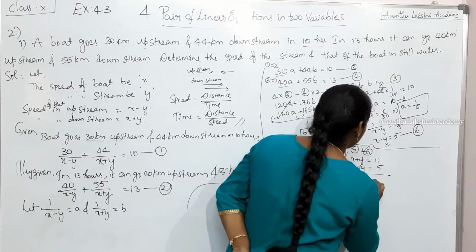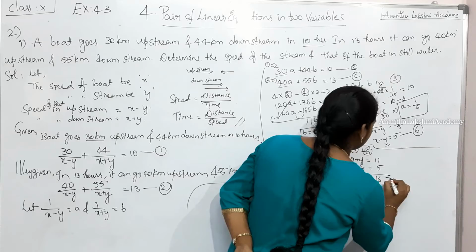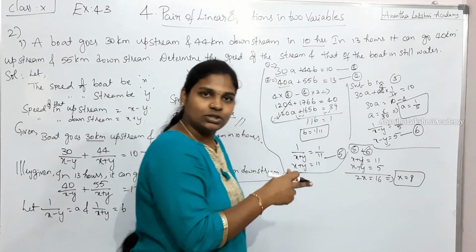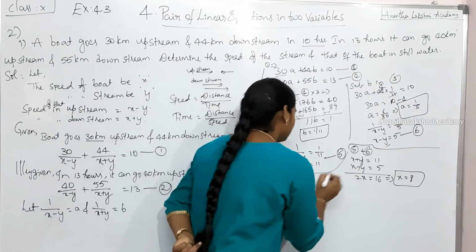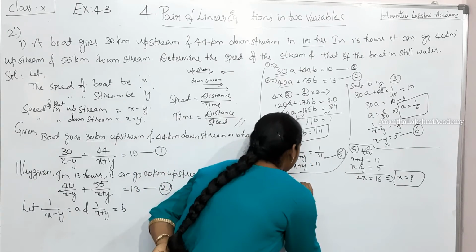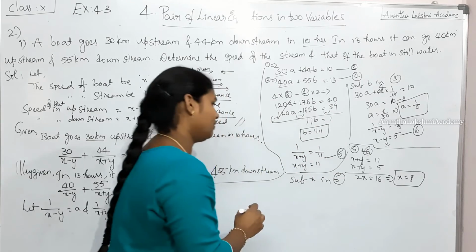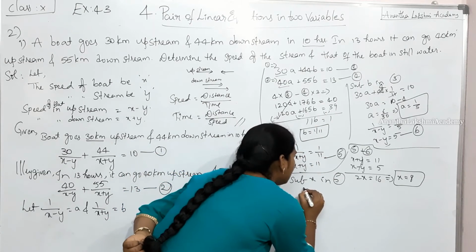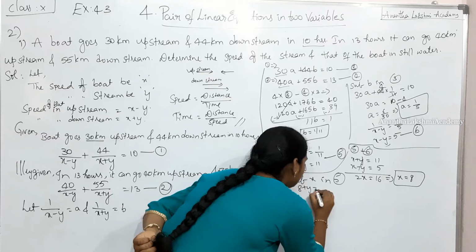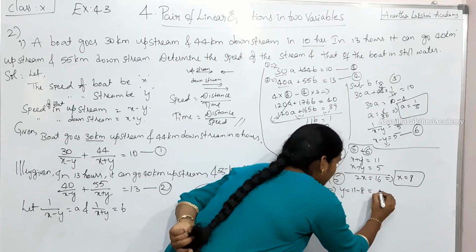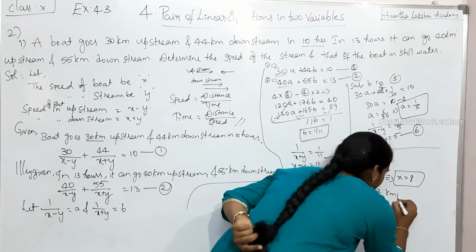This is going to be 2x is equal to 16, which implies x is equal to 8. Now that we got the x value, let's substitute x in equation number 5, which is nothing but 8 plus y is equal to 11, y is equal to 11 minus 8, that is equal to 3 kilometers per hour.